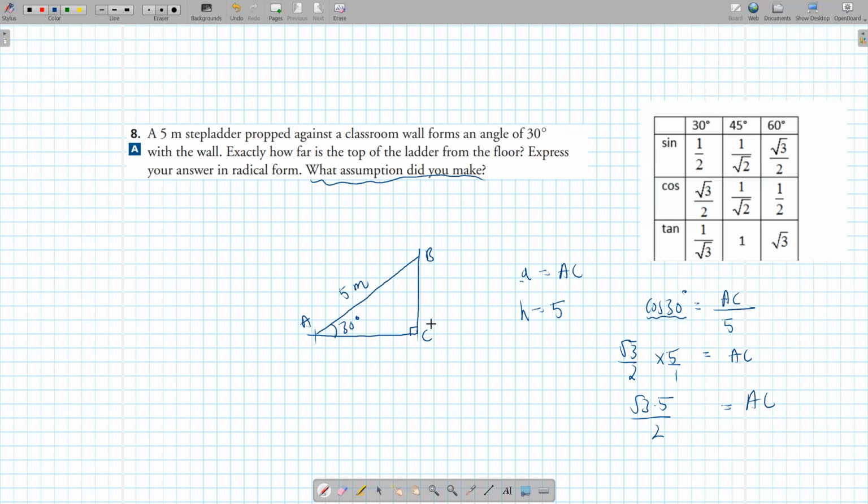I'll give you a hint to look at C. Look here. It's a 90-degree angle. We assume that the wall and the floor are perpendicular to one another. Otherwise, we could not have used SOHCAHTOA.